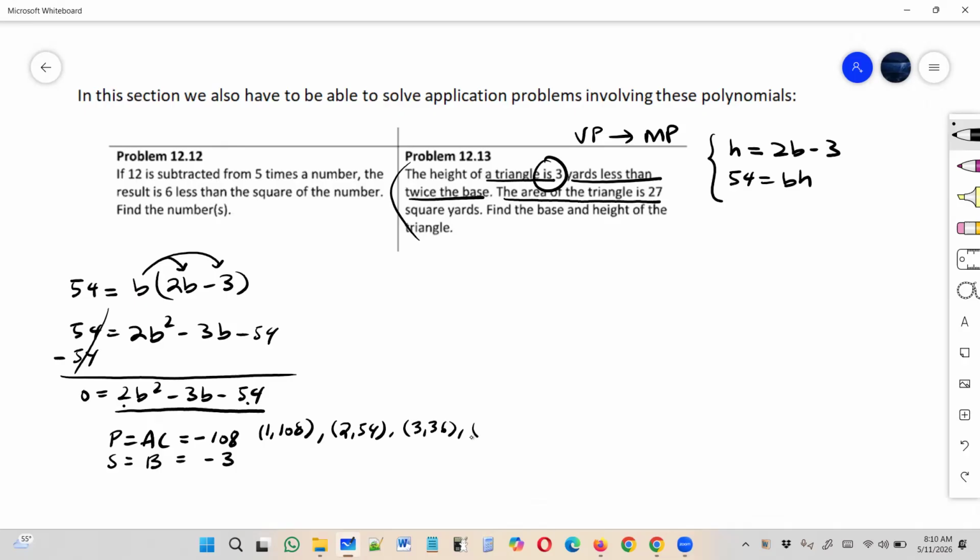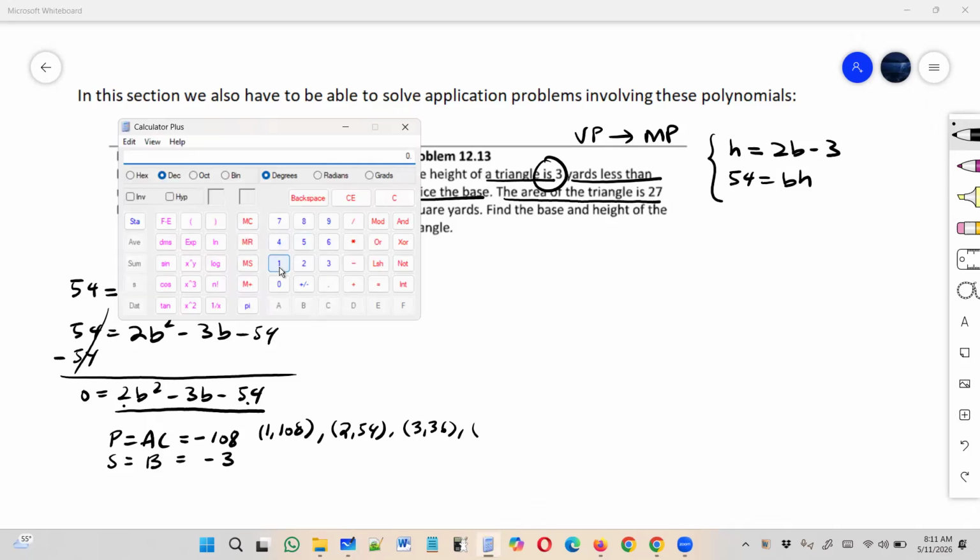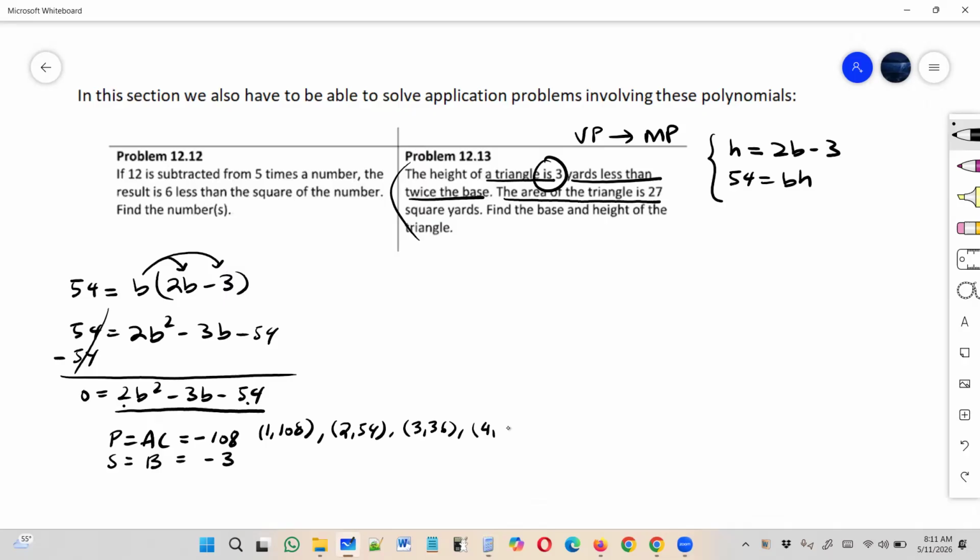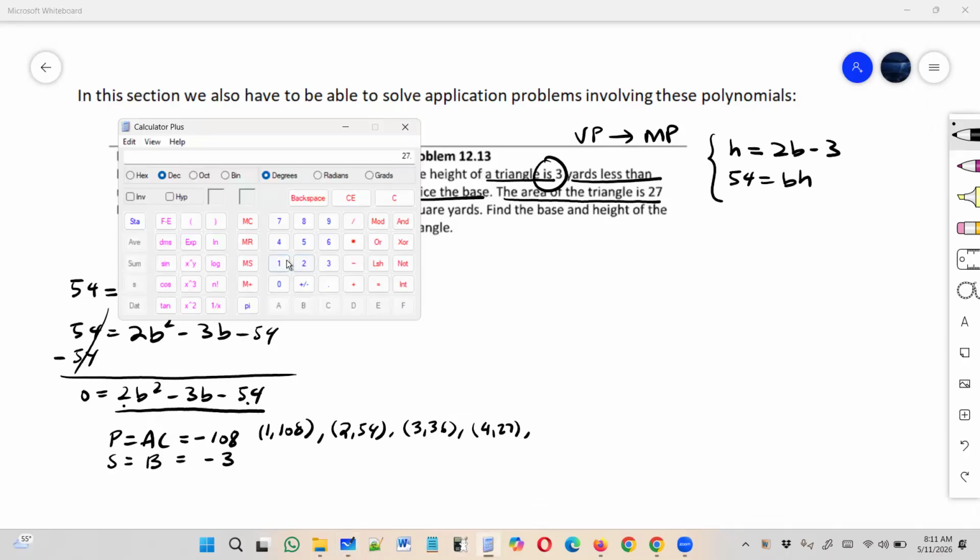And that doesn't work. How about 4? Is 108 divisible by 4? Yes, it is. 4 and 27. How about 5? 5 doesn't work. How about 6? 6 probably doesn't work, but we can check. 18.